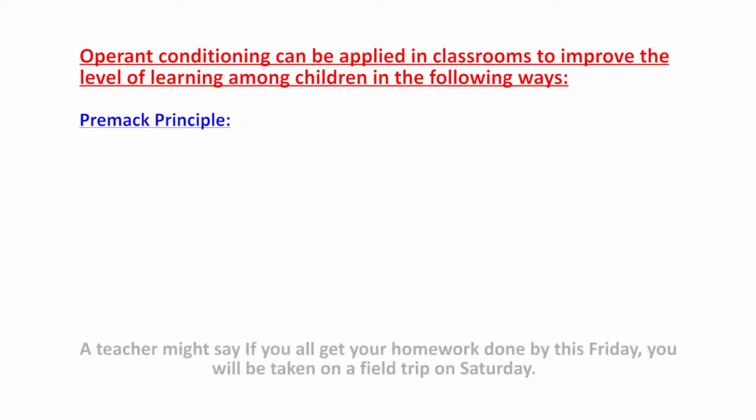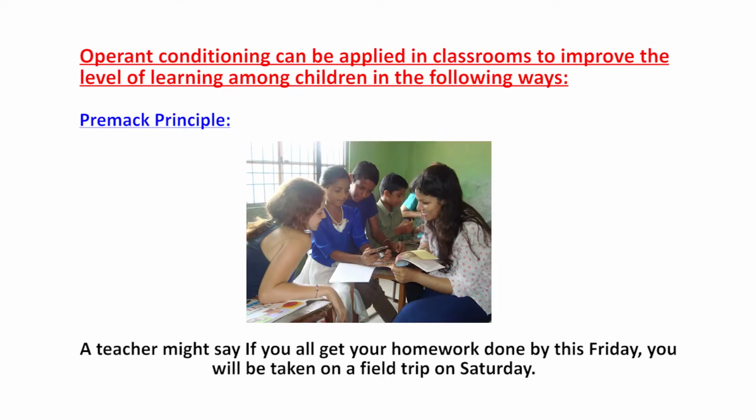For example, a teacher might say, if you all get your homework done by this Friday, you will be taken on a field trip on Saturday, is the Premack principle.